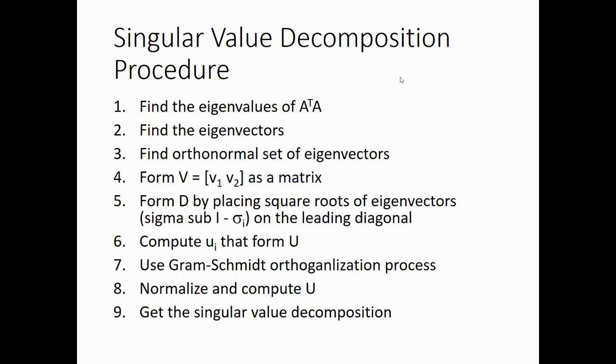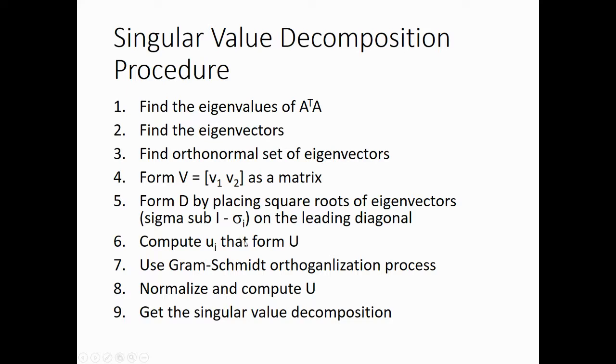And then form D by placing the square roots of the eigenvalues, which are the sigma sub i, on the leading diagonal. Now, these sigma sub i can be used to compute the condition number as well, which gives us a bound on the complexity of the matrix for Gaussian elimination and other procedures. So they are useful as part of this process.